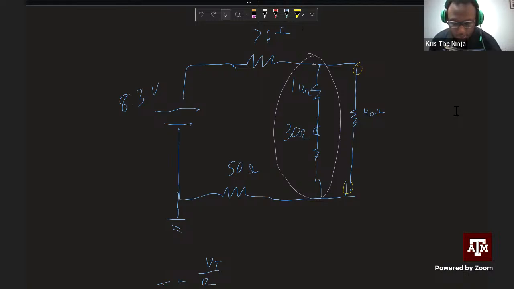That gives us a new equivalent circuit of 8.3 volts, 76 ohms. 10 plus 30 is 40 ohms. So when you have 40 ohms, there's another 40 ohms here, and then 50 ohms down here at the bottom.